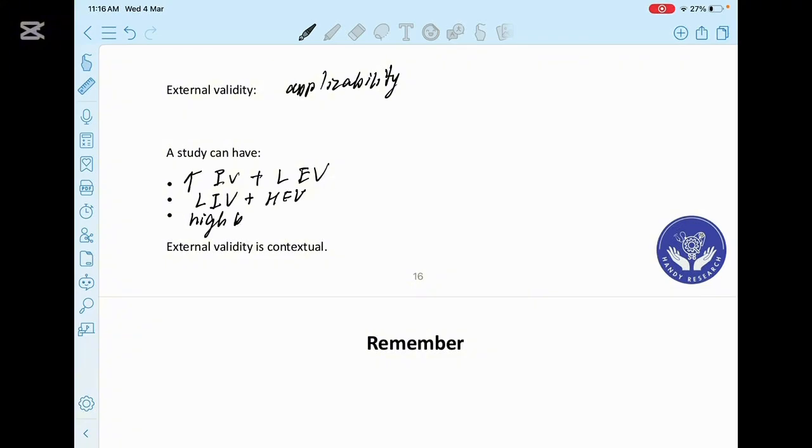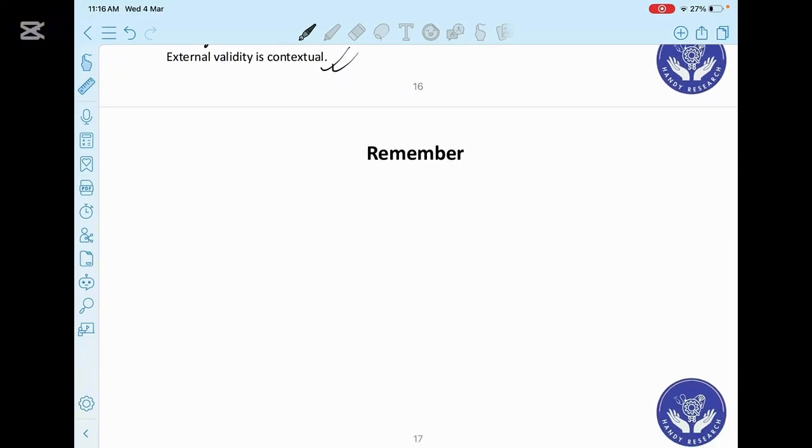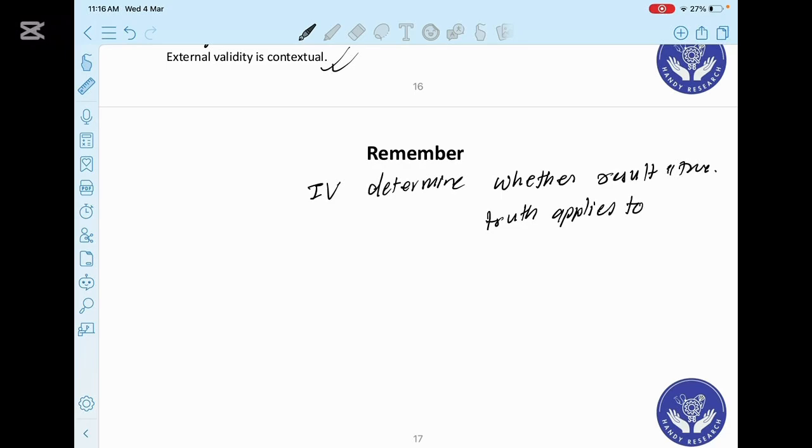This is the ideal but rare. External validity is contextual, we already knew that. Okay, remember, internal validity determines whether the result is true or not, and external validity determines whether the truth applies to others or not.